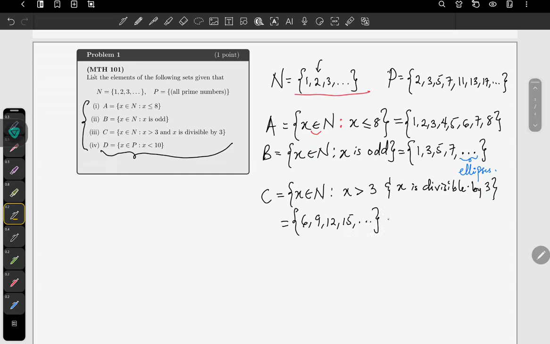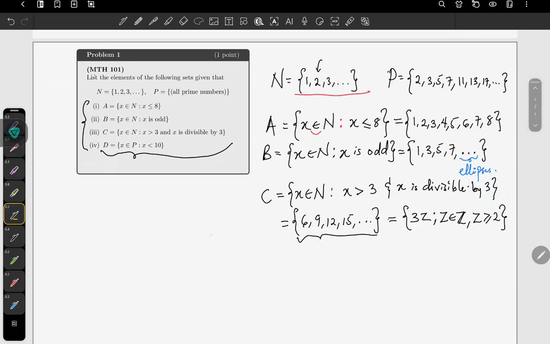We can also say this is equal to the set of 3z, or 3t, whatever, such that z is an integer greater than or equal to 2. But essentially we have listed the elements, and the three dots mean the list goes on and on forever.